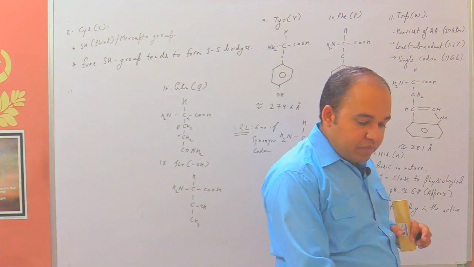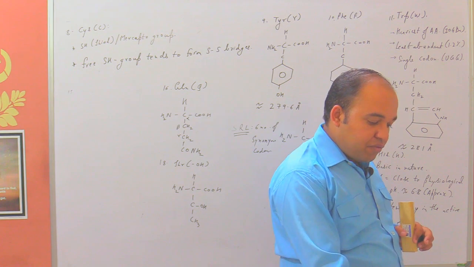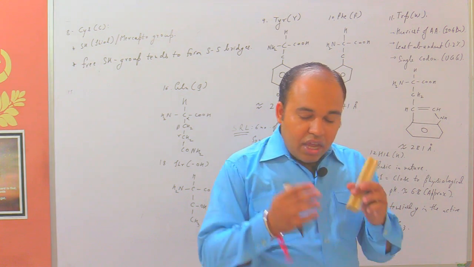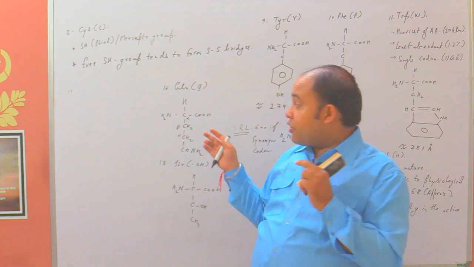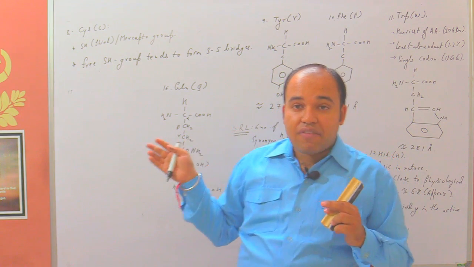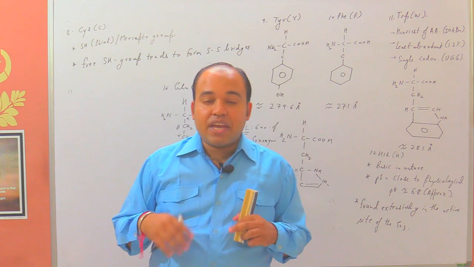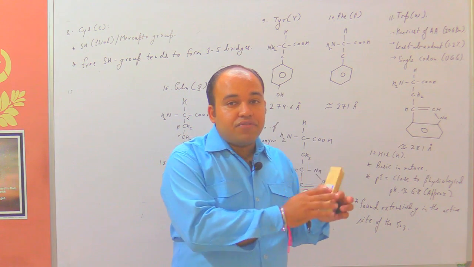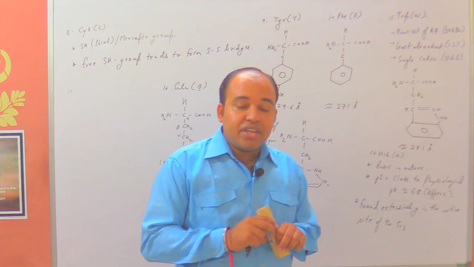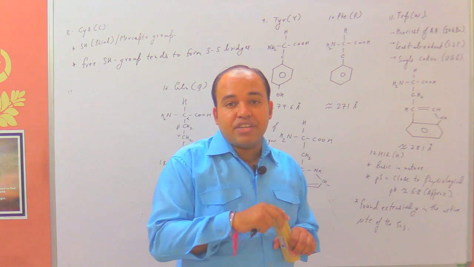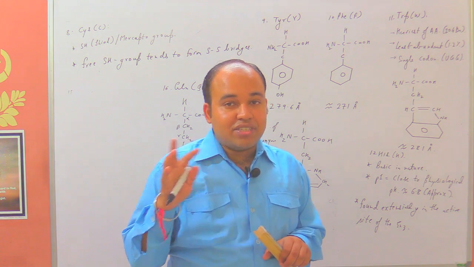Now after that, we have to study another property of amino acids. I have already told you that amino acids have the ability to absorb UV radiation. There are 3 amino acids which have this ability: tryptophan, tyrosine and phenylalanine. The absorption of UV radiation by these amino acids is drastically different.